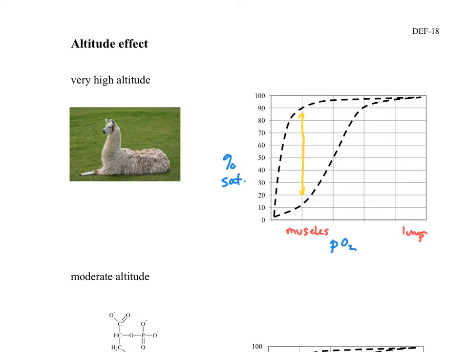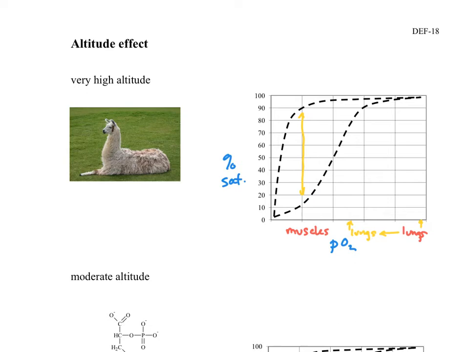I want to start with those that involve organisms at very high altitude, like a llama shown in this picture that lives at maybe 14,000 feet up in the Andes Mountains. Well, in that case, instead of being way out here, maybe the altitude is so high that we end up over here, where the air that a llama takes in is going to be at much less PO2 because they're at such high altitude.